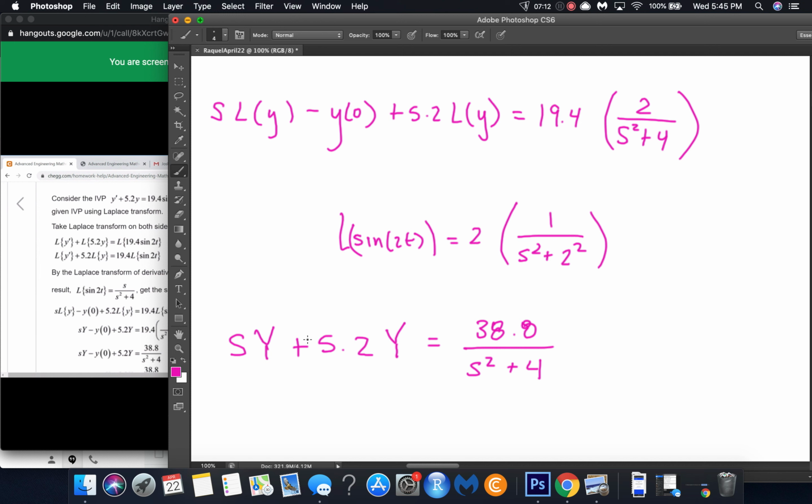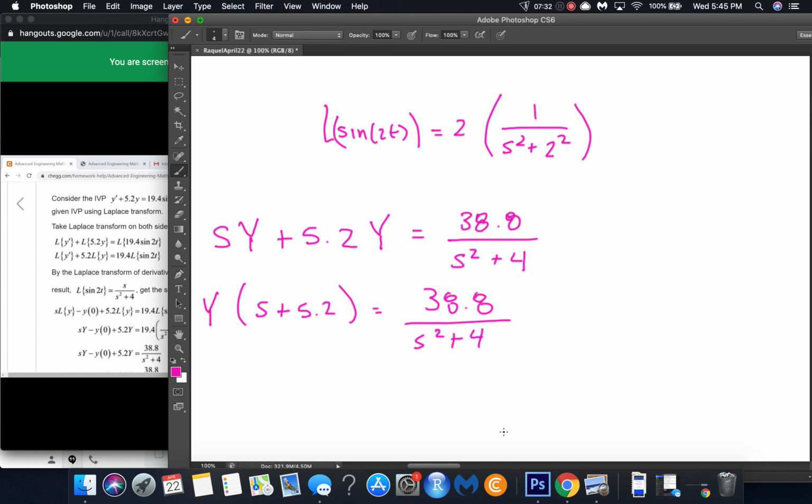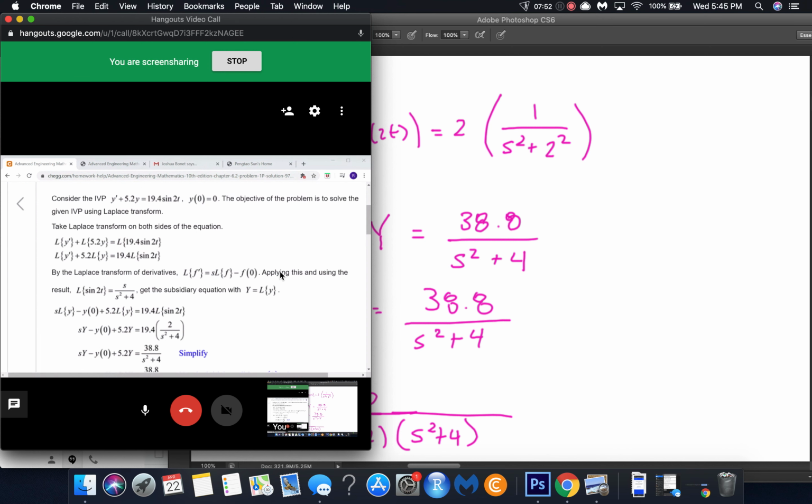Now you're solving for capital Y, so you factor the Y out and you have s plus 5.2. Then we divide this term, so Y equals 38.8 over s plus 5.2 times s squared plus 4. Okay. So now scroll a little bit down so you can see the next step.